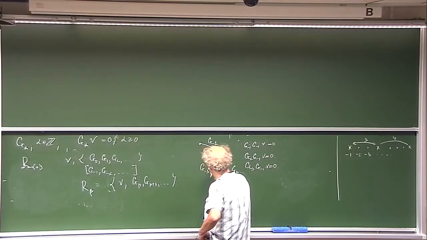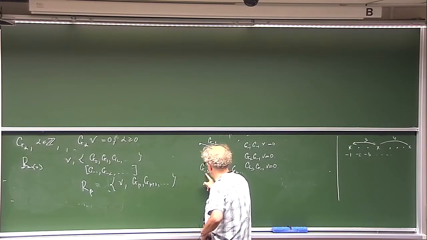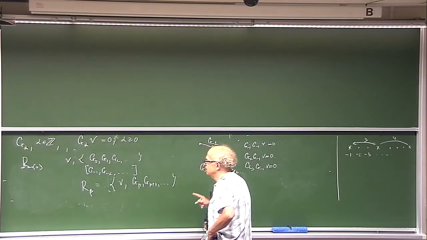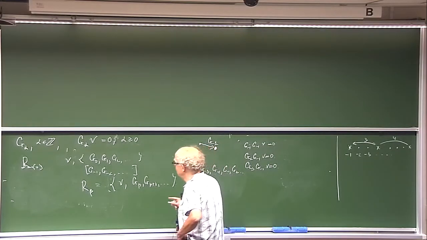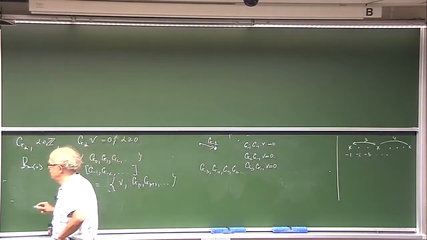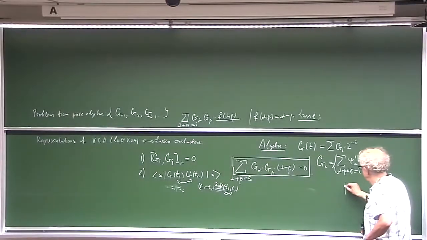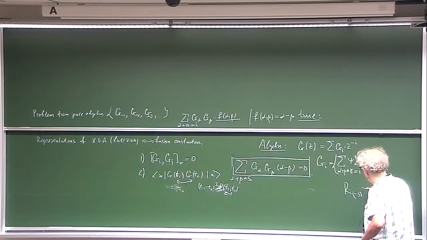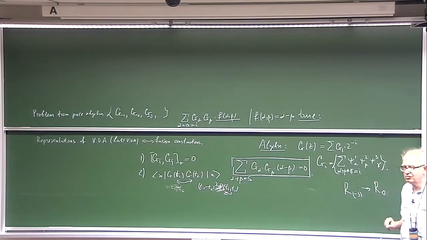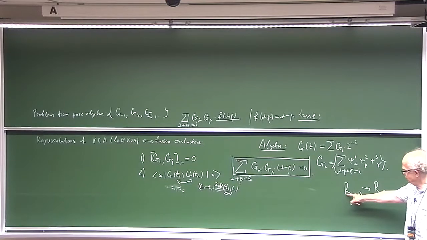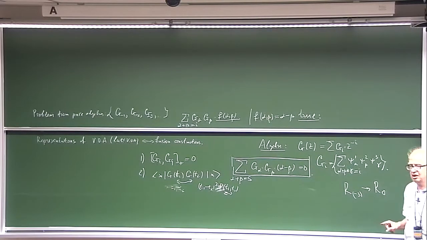And for example, this special vector is killed by G minus 3. Therefore, we have a map R minus 3 to R0, the highest vector going from here to here.